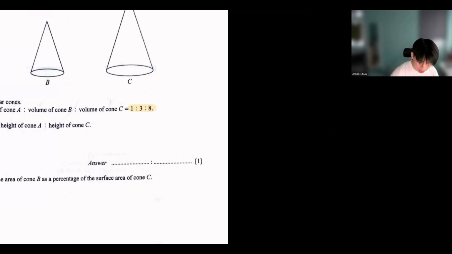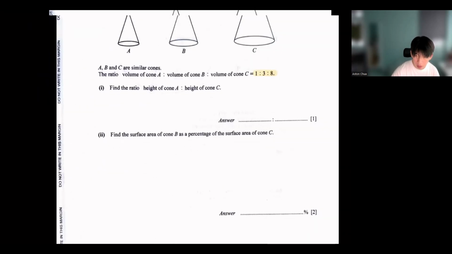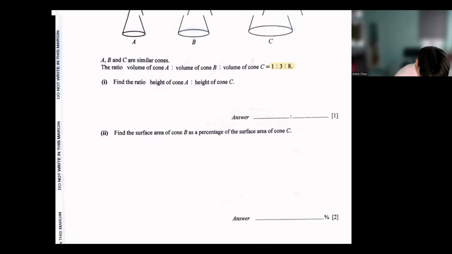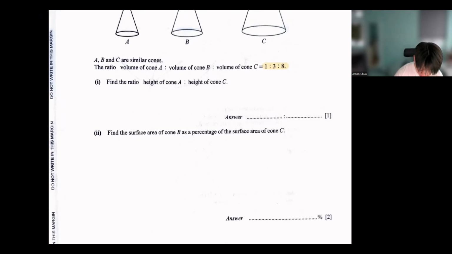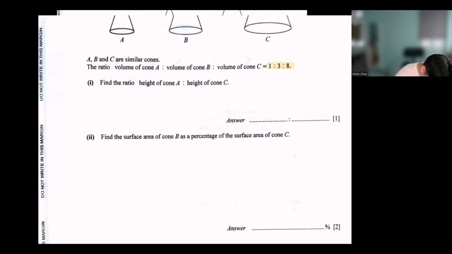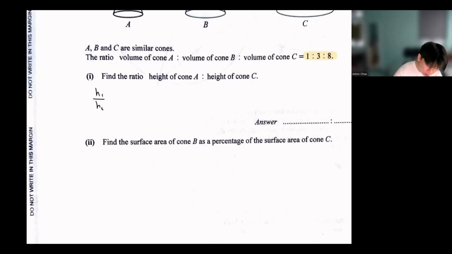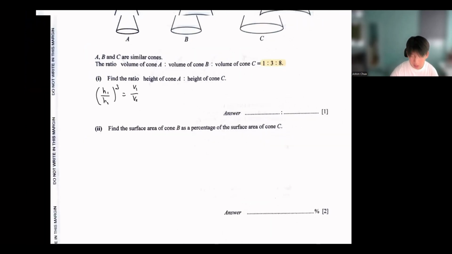For similar figures, how it works is that for your ratio of the height, H1, H2, when you cube it, you get the ratio of their volumes. So now what we have to do is to do the reverse step.